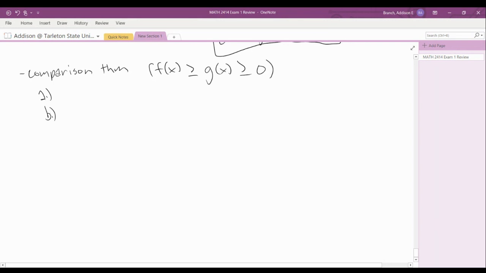So if we have an integral going from some number a to infinity of f of x dx that is convergent, then that same integral of g of x must also converge.